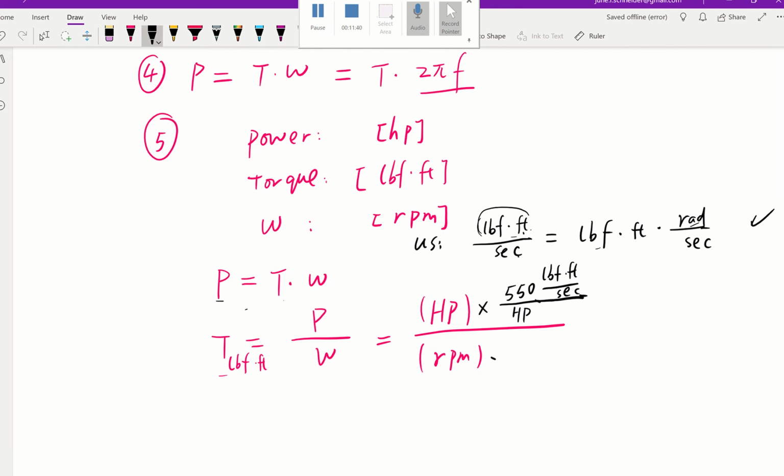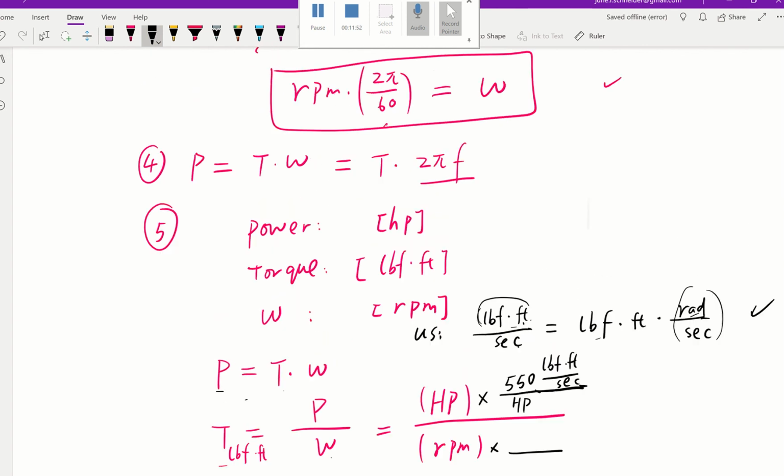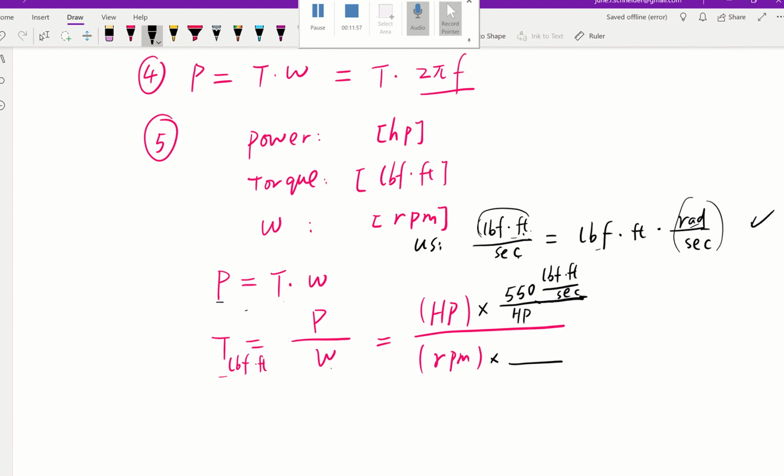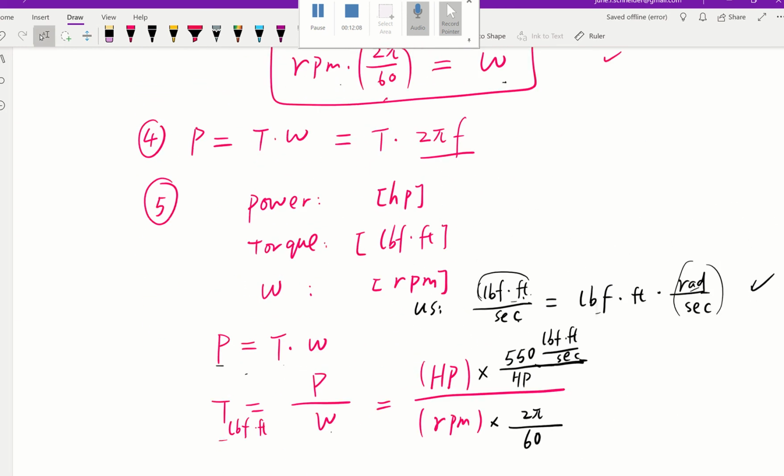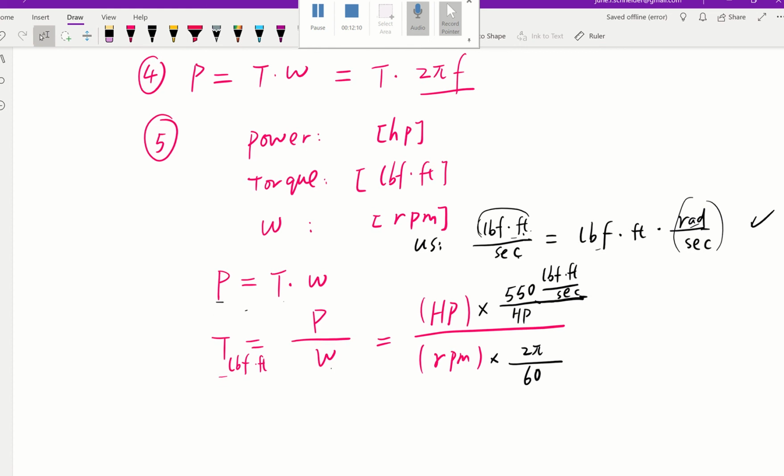That's good. Now RPM. We don't want RPM to describe our angular velocity. We want radians per second. So remember, if we know RPM, we're going to change to omega. We already did that. It's going to be 2 pi over 60, because 1 revolution gives us 2 pi, and 1 minute gives us 60 seconds. So that's our conversion factor right there.